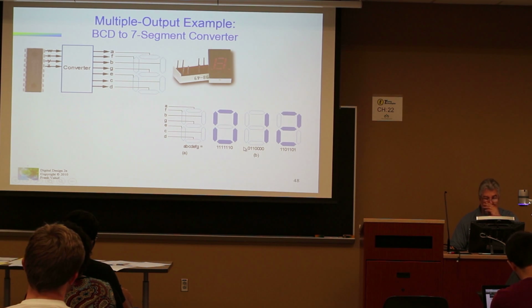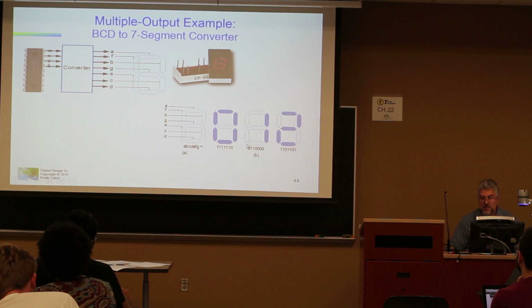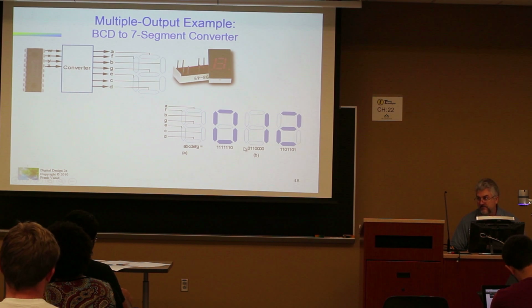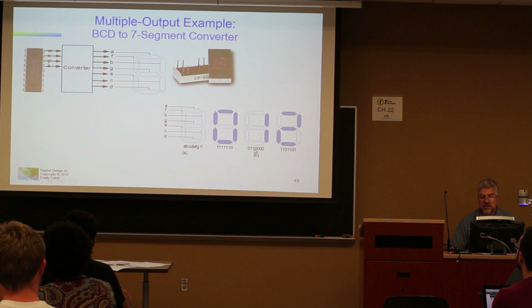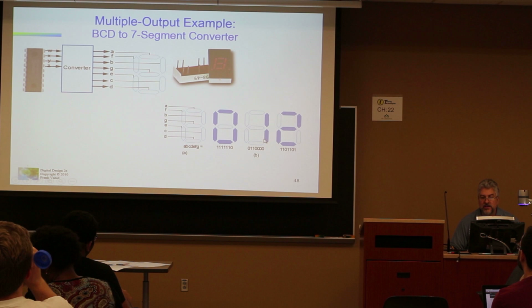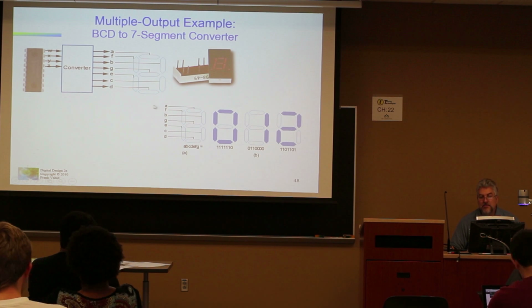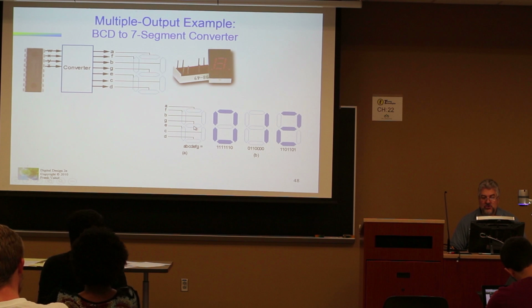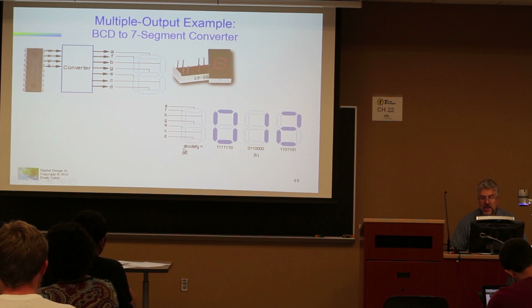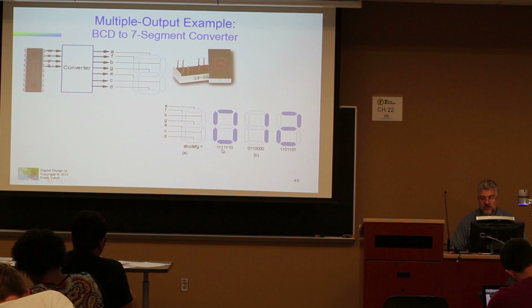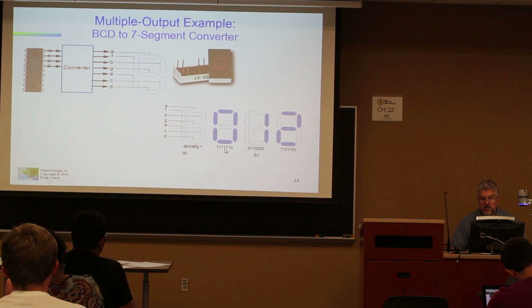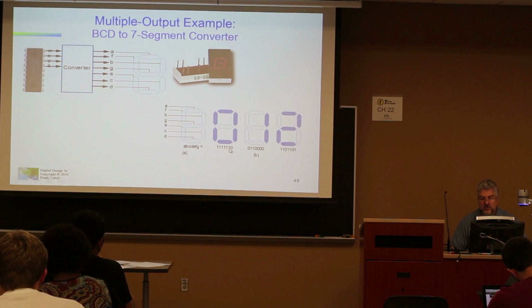So if this were 8-bit, you would have to pad on to the front. So when I have B and C, then this becomes a 1, and these are lit up. If I have the number 0, that means I have everything but G lit up. So A is 1, B is 1, C is 1, D is 1, E is 1, F is 1, G is 0.